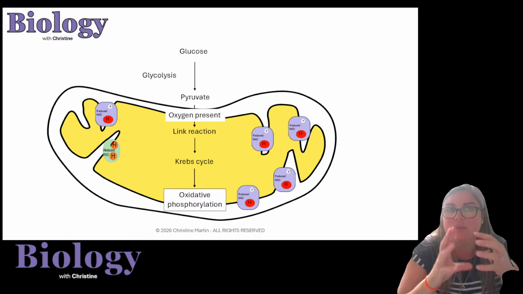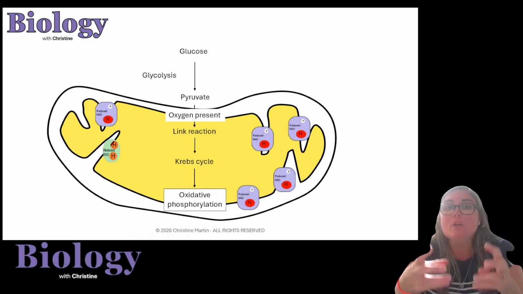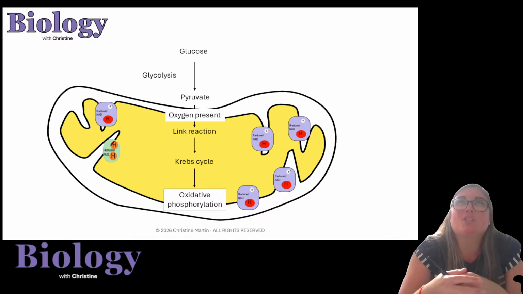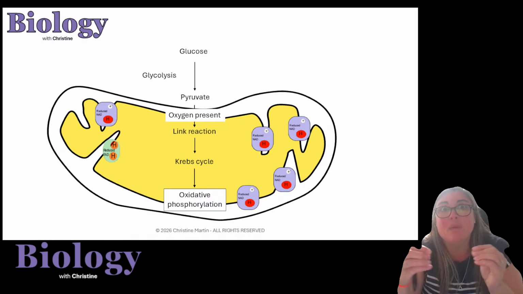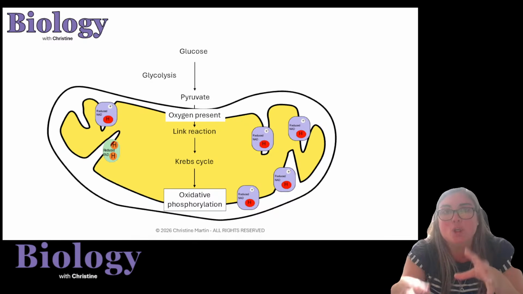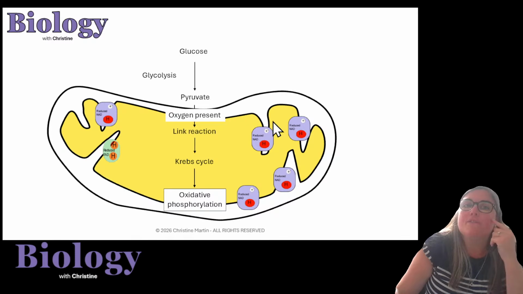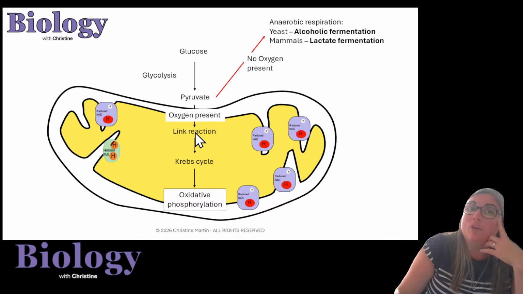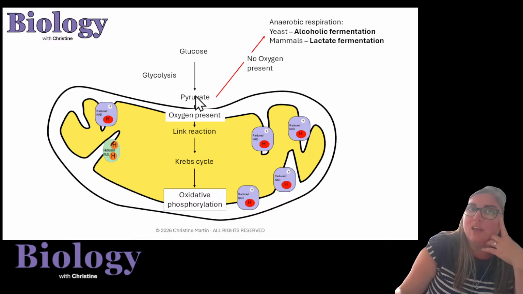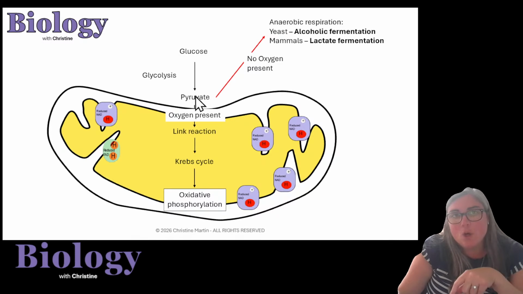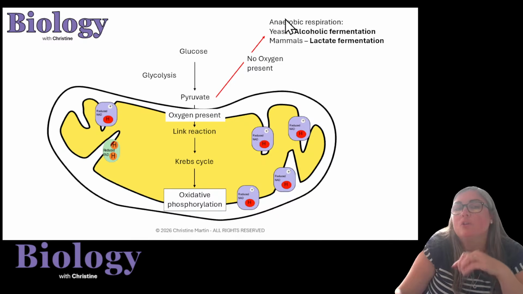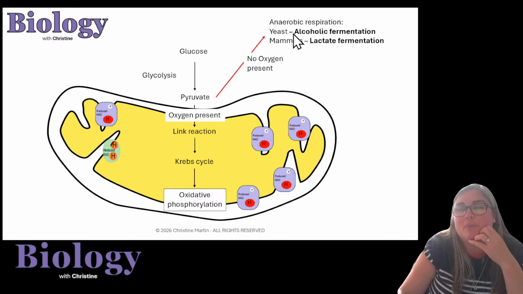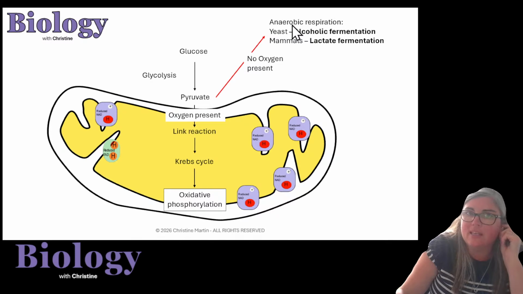The point is to donate lots and lots of hydrogens that can be taken to the electron transport chain for oxidative phosphorylation. If oxygen is present, pyruvate enters the mitochondrion. If the oxygen is not present, then the pyruvate will go through anaerobic respiration, and depending on whether we're talking about yeast or mammals, we're doing alcoholic fermentation or lactate fermentation.